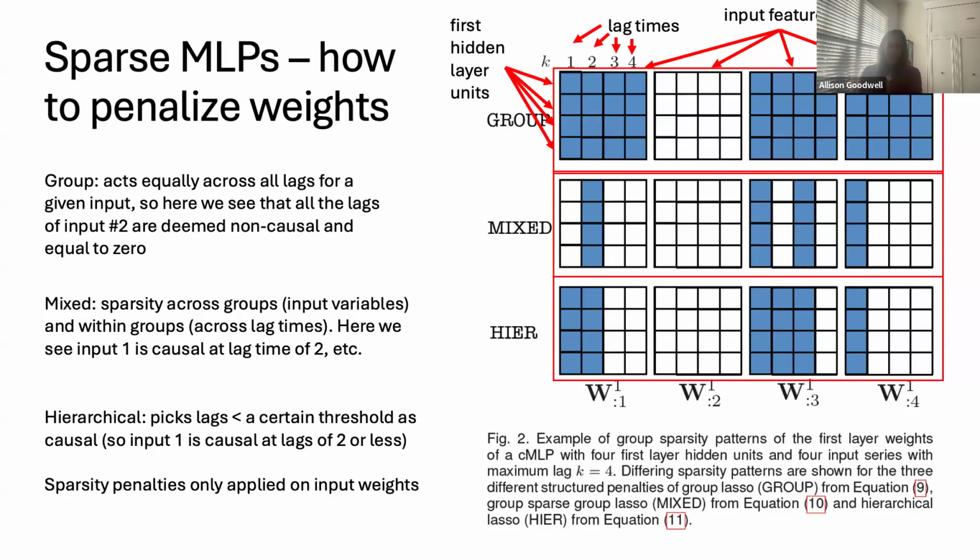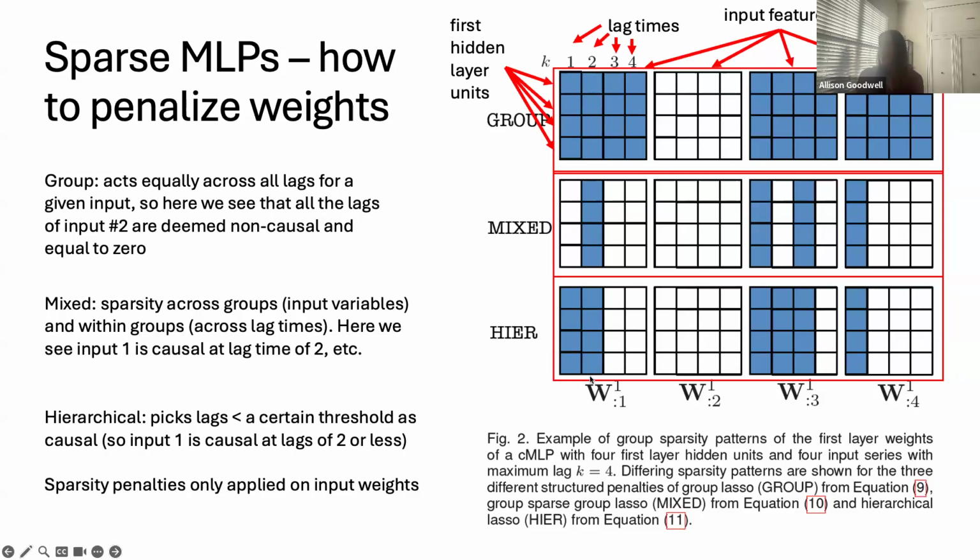And finally, the one that they actually deploy is what they call the hierarchical technique, where they basically do this group thing where they eliminate entire input variables, and then they're also looking at lags that are less than a certain threshold.